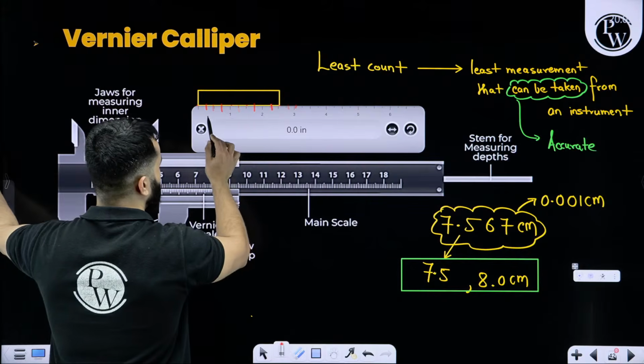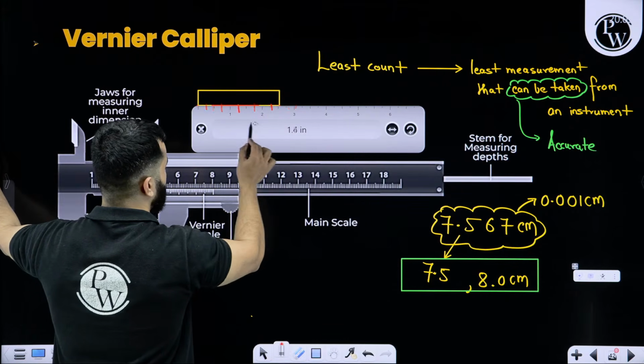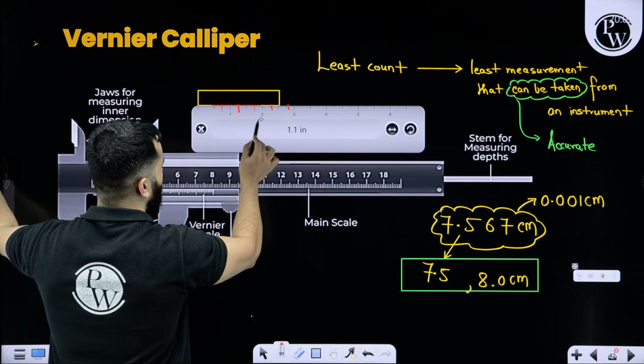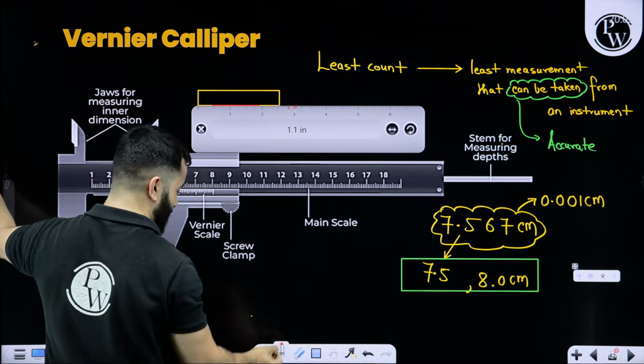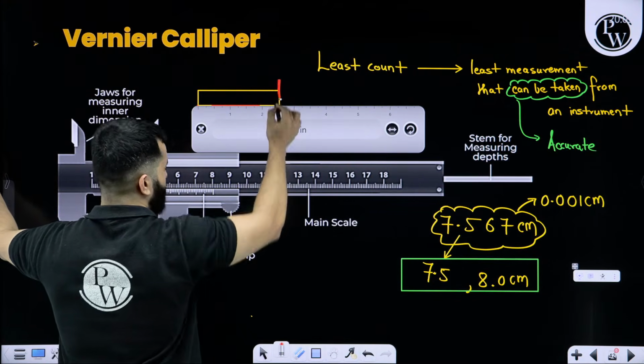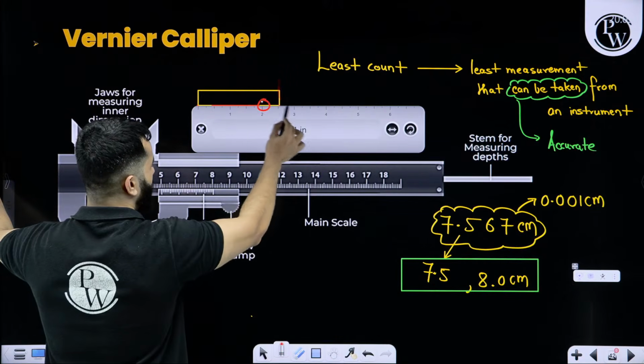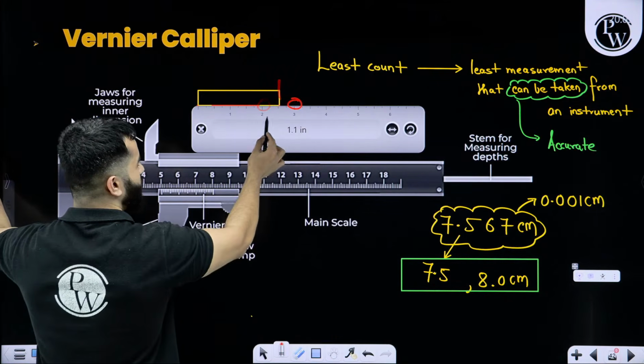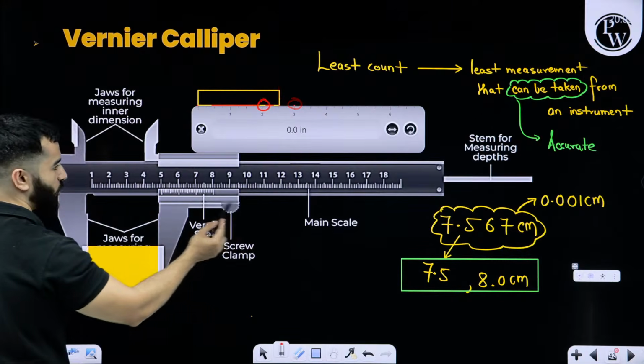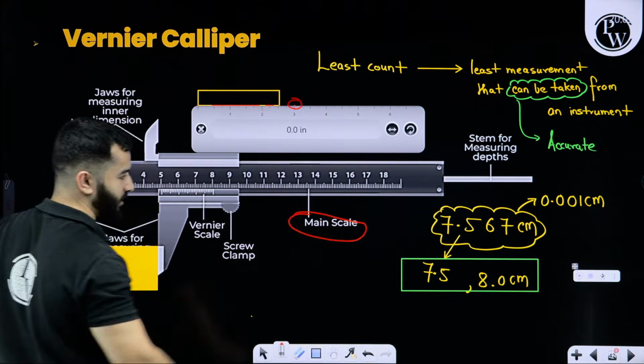So first of all, you are going to see this main scale. Till the main scale, we can see that this edge is between 2 and 3. So this is the role of the main scale. Similarly in this also, first we are going to look at the main scale.